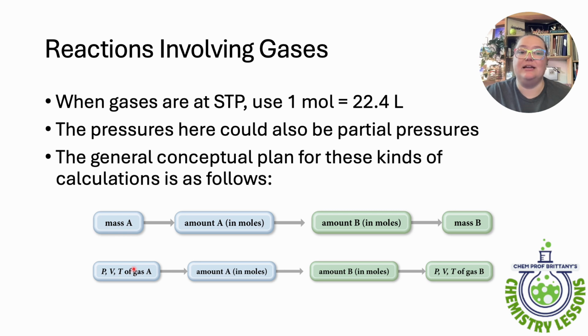Then we can use the ideal gas law to convert it to moles. And then we do the same stoichiometry to get the amount in moles, and then we can go back to any of our gas variables, whichever of these we need, as need be.